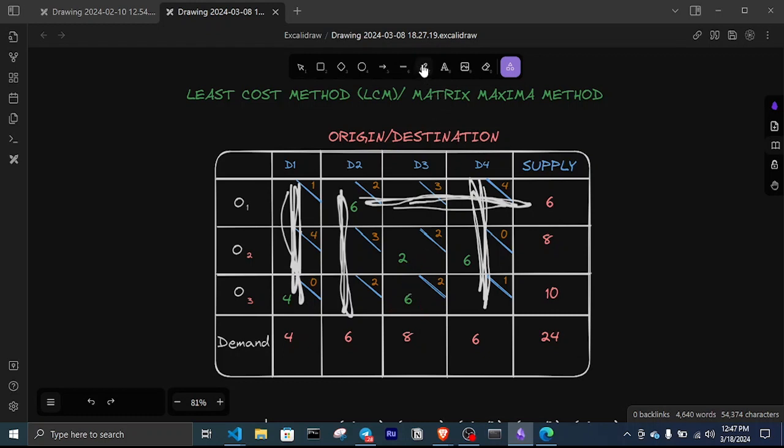Great. So now that we are done with the D3 2, we can cancel it out, and we know that we are done with the entire table.